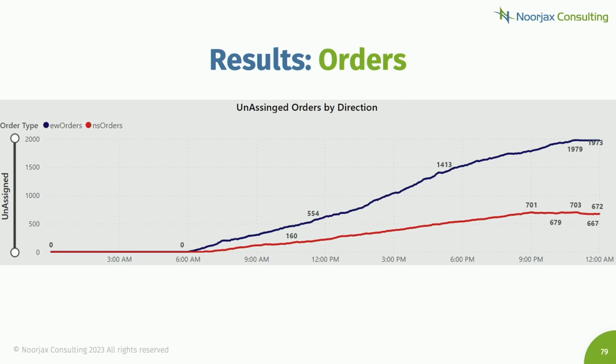So when we looked for a way to answer the question, we saw this graph, which is how many orders are unassigned at the end of the day. So you see the whole day here from 6 a.m., where the operation starts, until midnight, and you see that you have thousands of orders that are not fulfilled in comparison to the demand that they wanted to achieve.